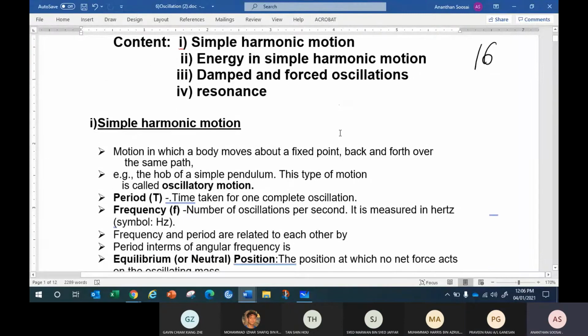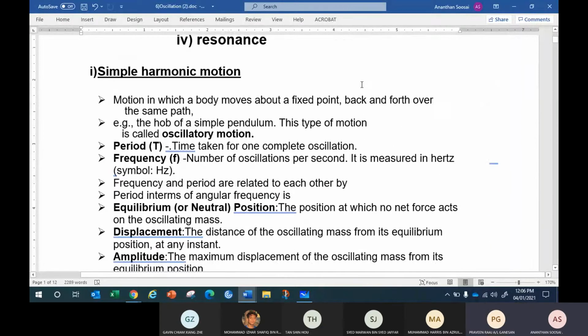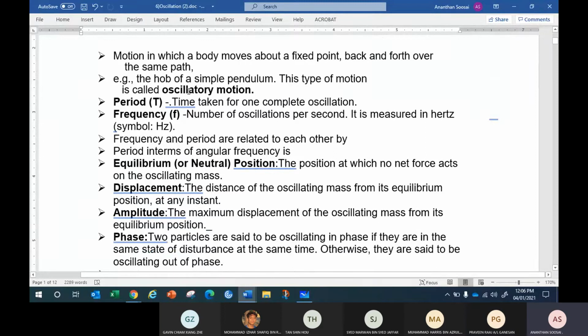So oscillation, let's recall. We've done simple harmonic motion. You can see the notes, right, everyone? We're done with the first part, simple harmonic motion. What is meant by oscillation? It has a back and forth movement.